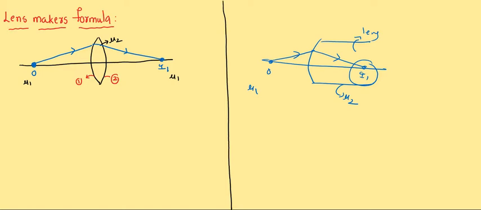This image will act as object for the second surface. The second surface forms the image of the first object.